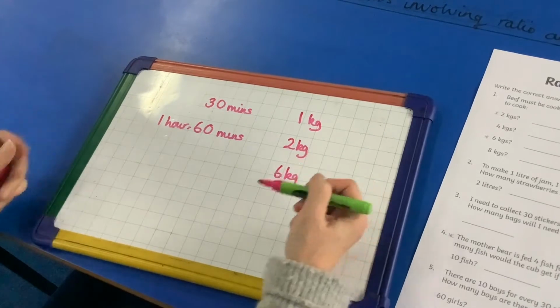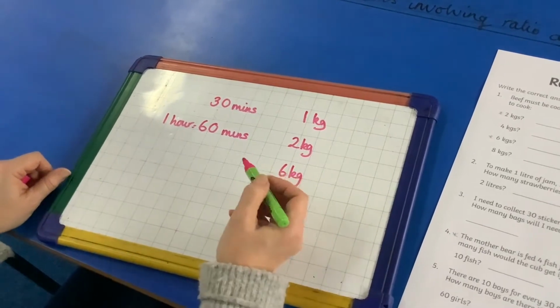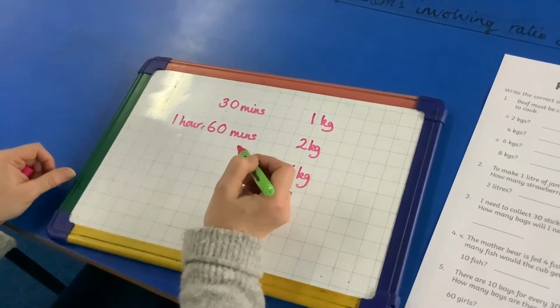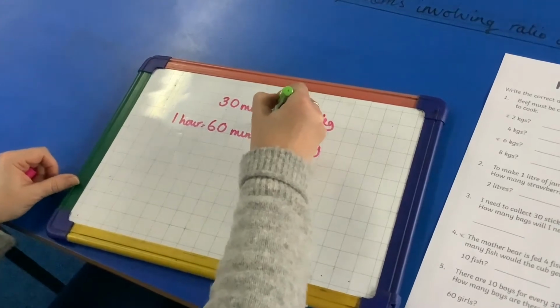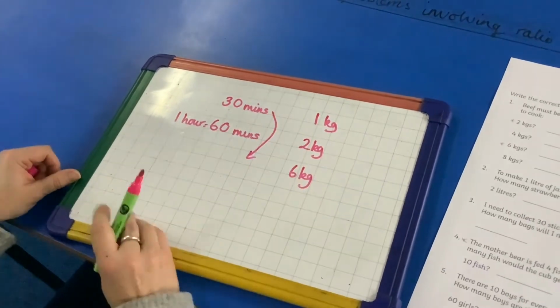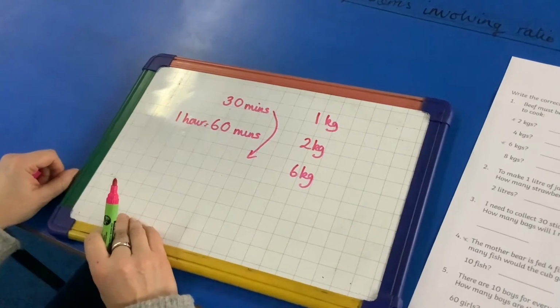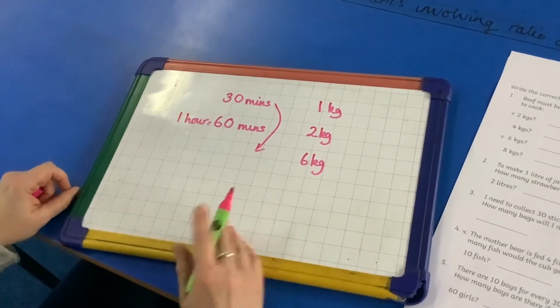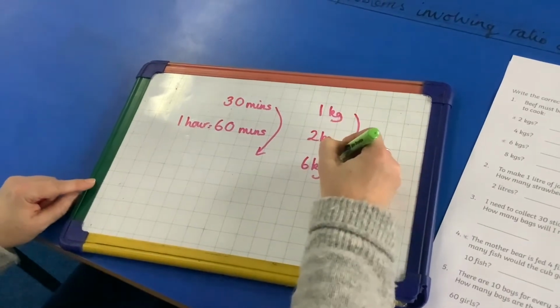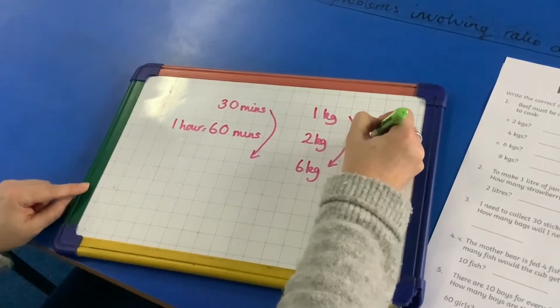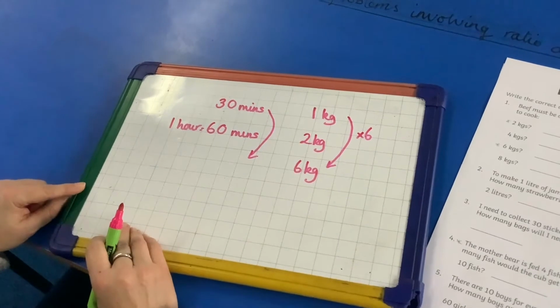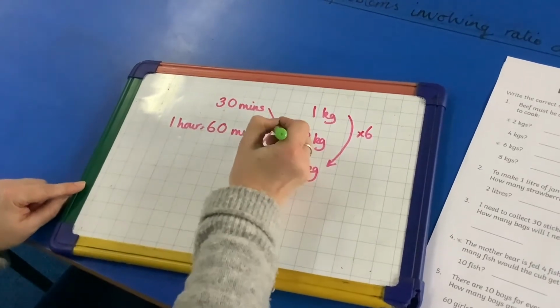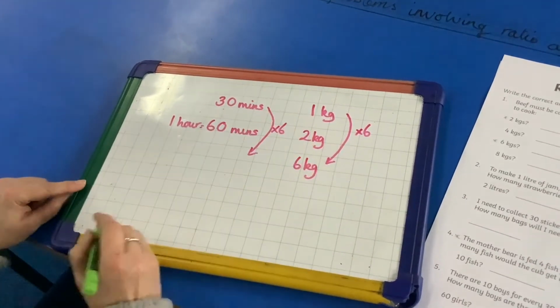To keep it cooked in the same way, the same proportion, I'll put my arrow this way, I need to do the same here. 30 minutes times 6. I'll add that in here so you can see what I've done. That was 6 times bigger, so I've got to do the same to this, times it by 6.